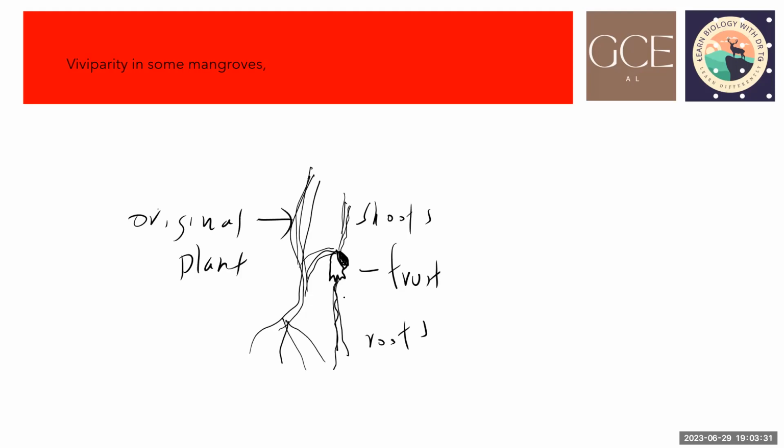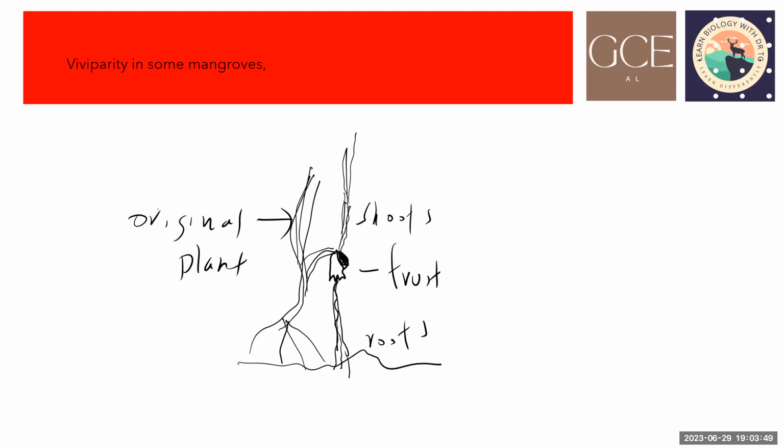And this is a fruit. And eventually they can grow roots into the water levels. And this again becomes a new plant. After that, they can detach. So they can separate from the original one and a new plant can form. Why is that?